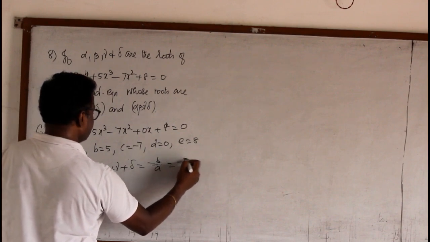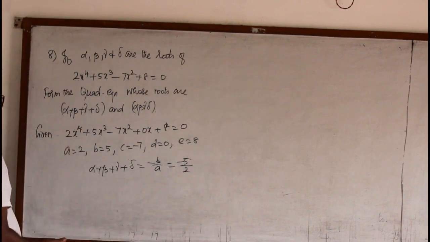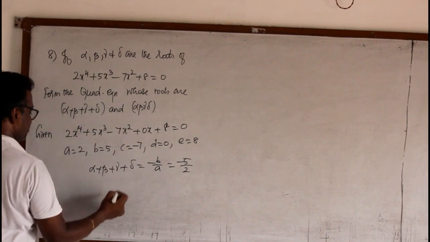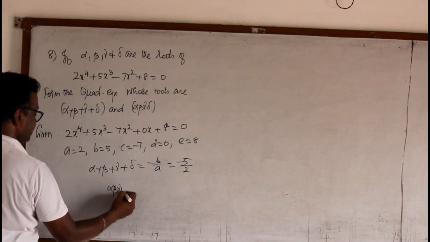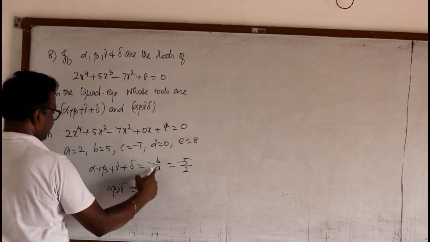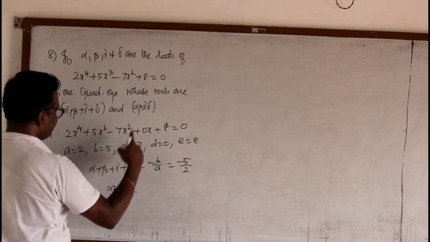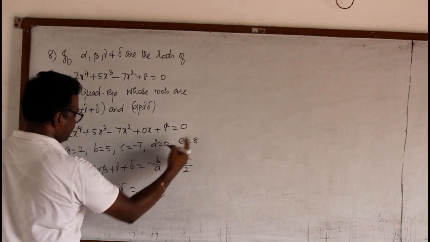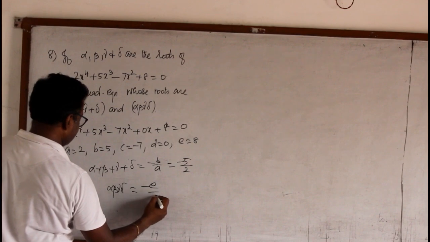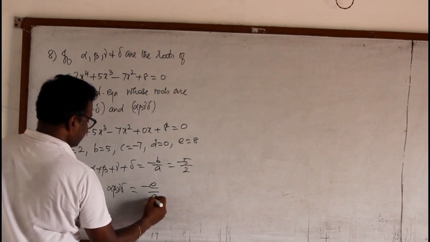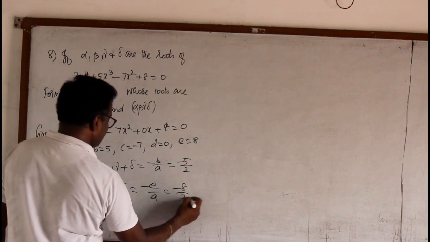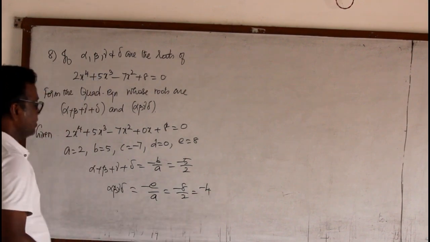It is -5/2. As I am in need of only these two, we shall find alpha beta gamma delta, which is e/a. It is 8/2, which is 4.